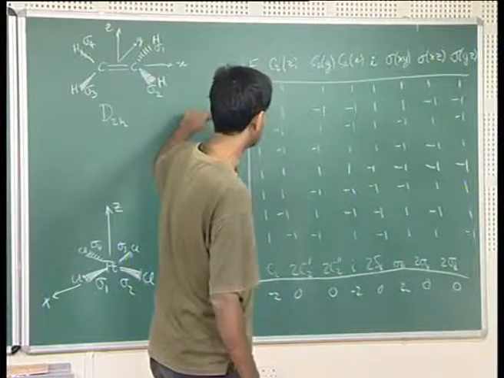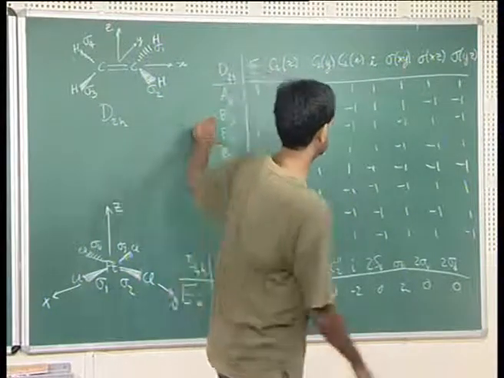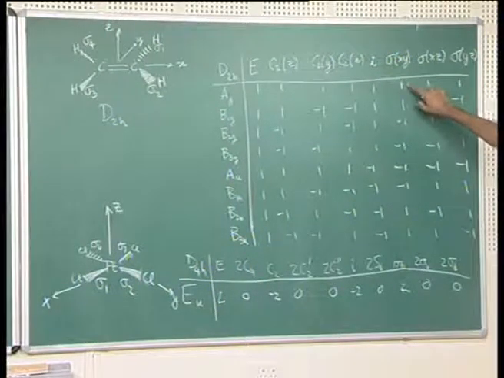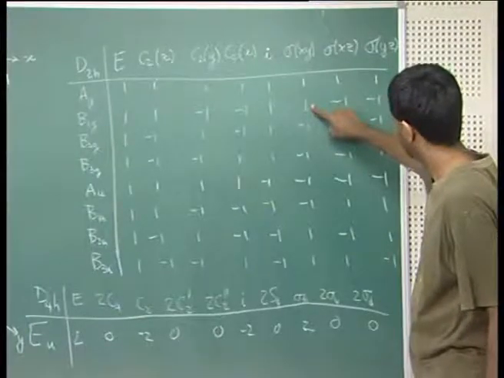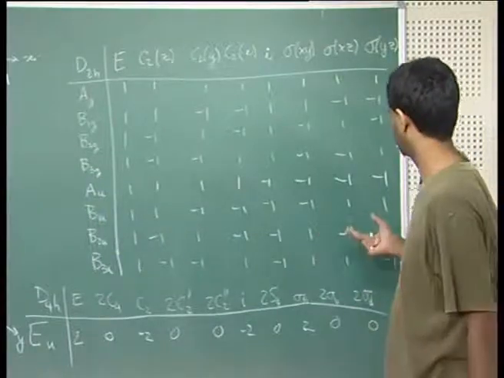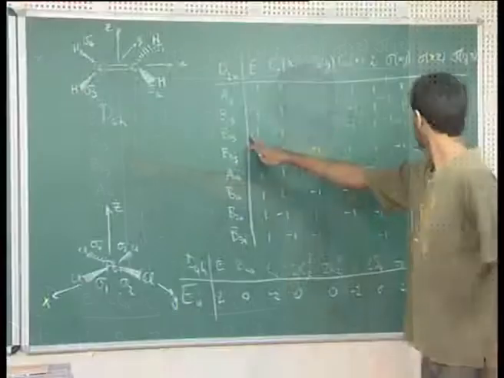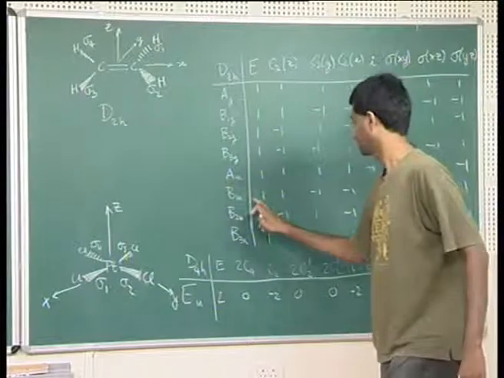You can just look at it and you can immediately see that B1G, where is sigma xy? Sigma xy, yes. So AG, B1G, B2U, B3U. Or you can take B2G, B3G, AU and B1U.